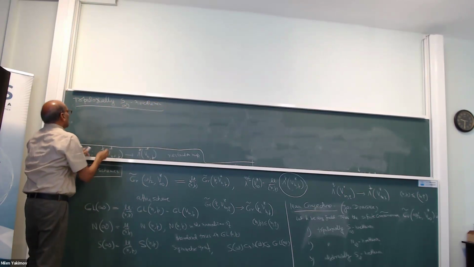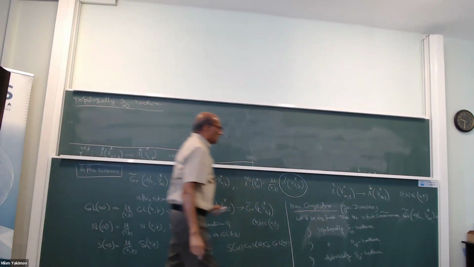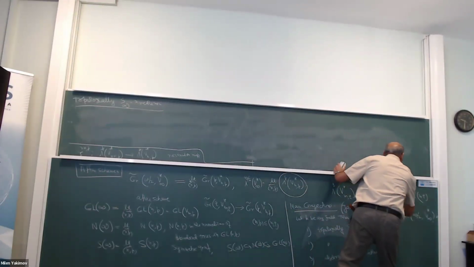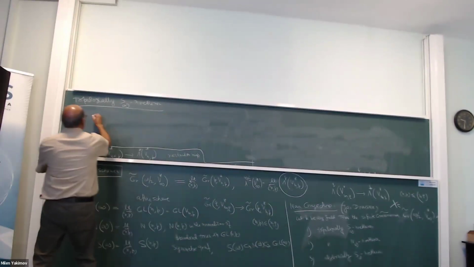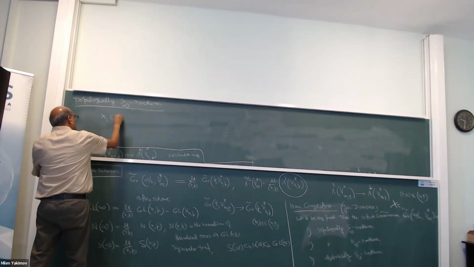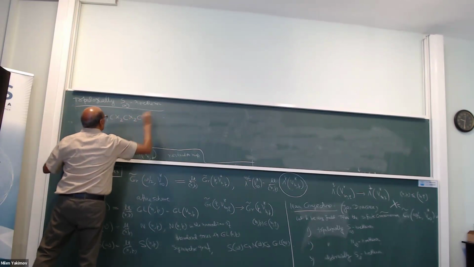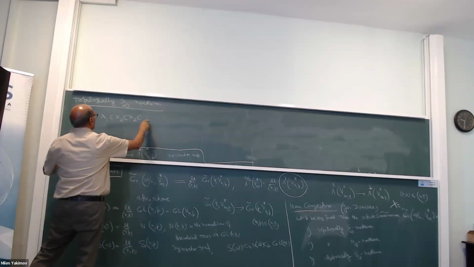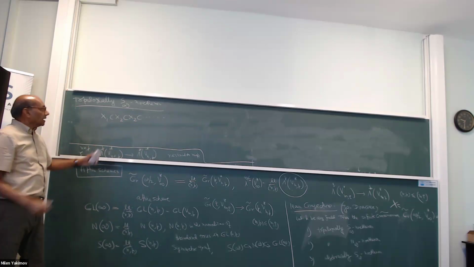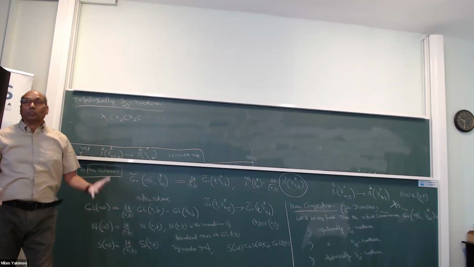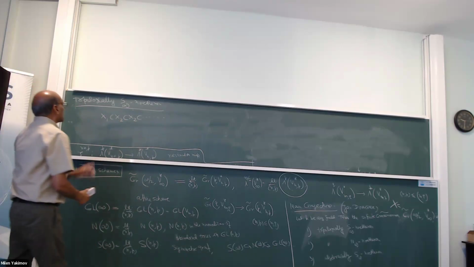Let's call this variety X. There is no increasing set of closed subspaces. Since this is a scheme, there is a topology, the Zariski topology.